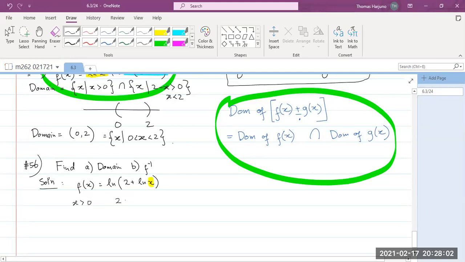Also, 2 plus ln x also has to be greater than 0, right? This part here is the composition of functions. Agree? So if x has to be positive, at the same time natural log of x has to be greater than -2, which means x has to be greater than e to the -2, which is still positive.